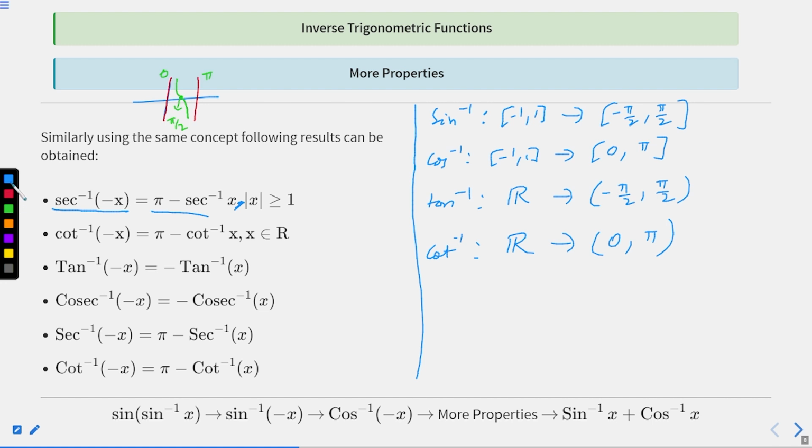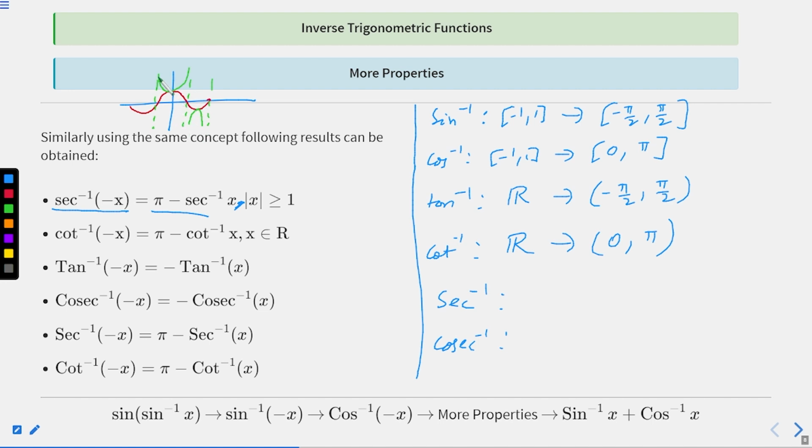Now for sec and cosec inverse. If you recall the sec graph, the sec graph comes from the cos graph, as you can see over here. So first of all, make the asymptotes wherever the cos graph is 0, where it hits the x-axis, and then you draw it like this.